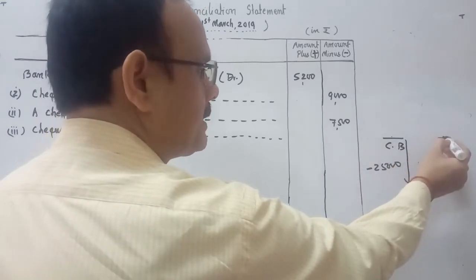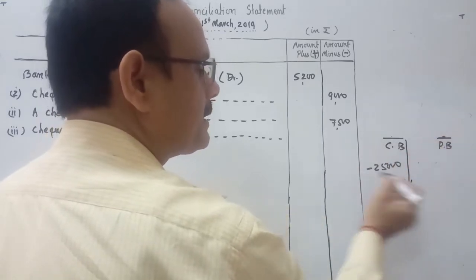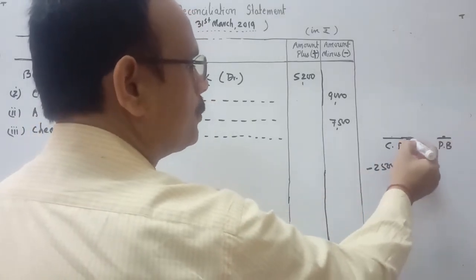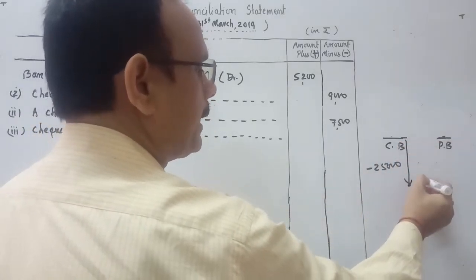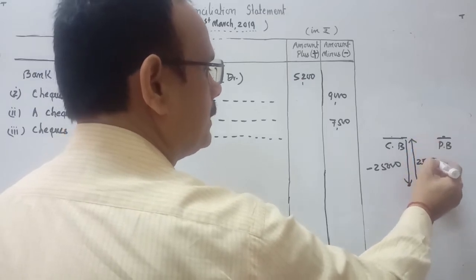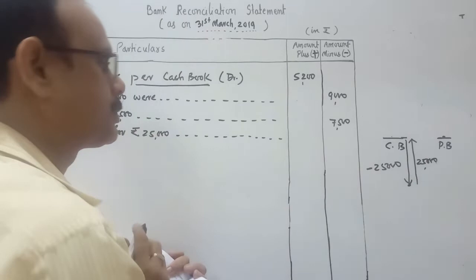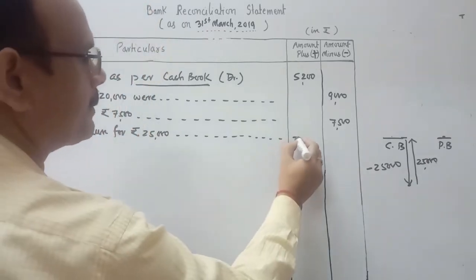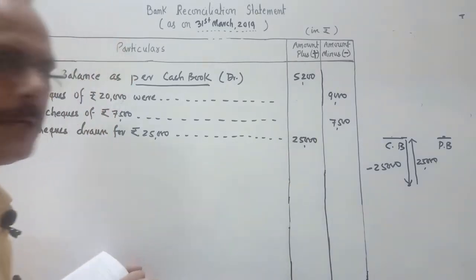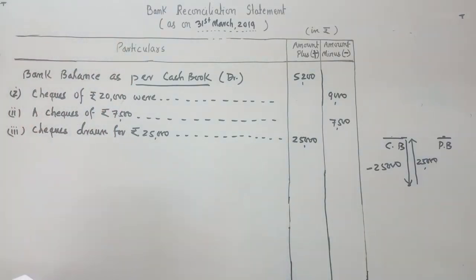To make the balance equal with the passbook, in the cash book we will add 25,000. Then this will be equal to the passbook balance. So 25,000 we will write in the plus column. Okay, the next is number 4.